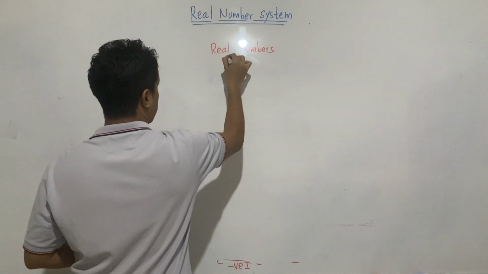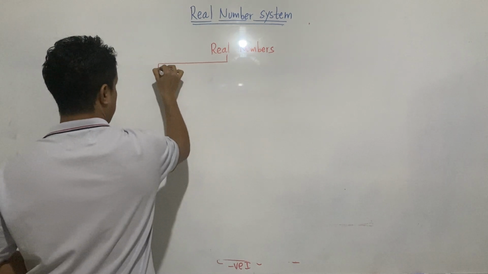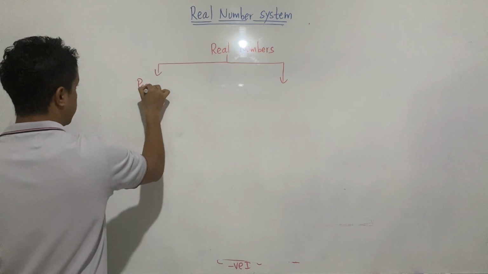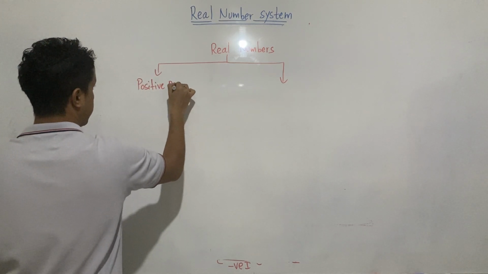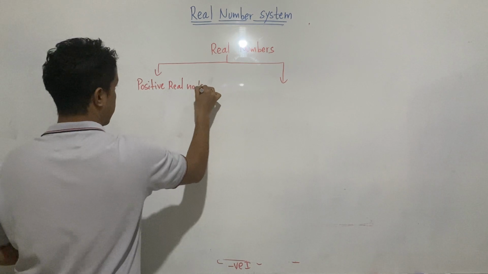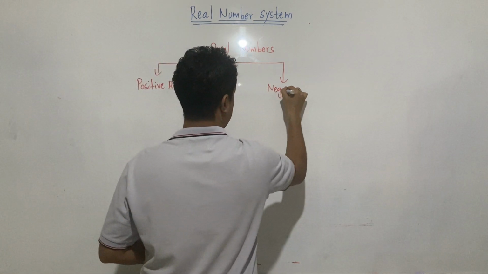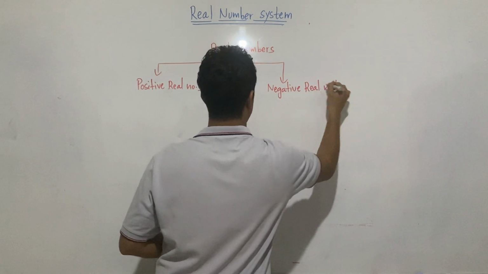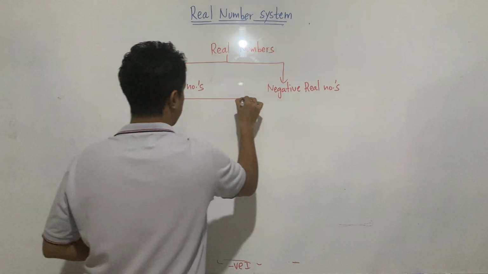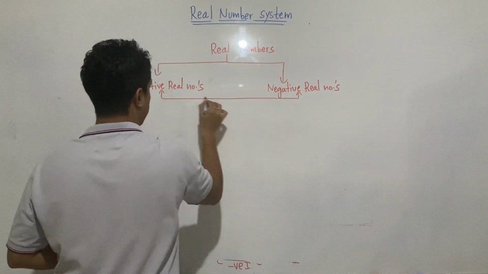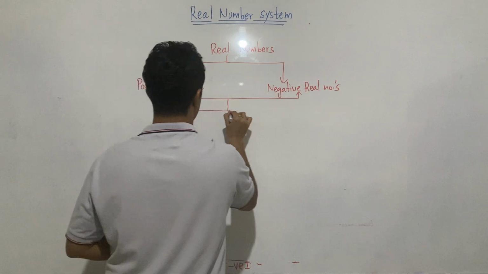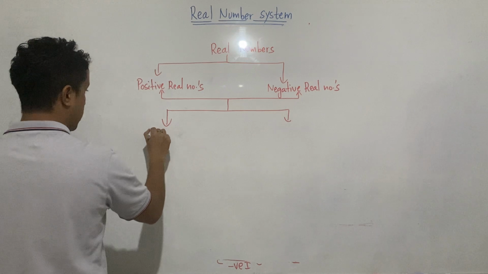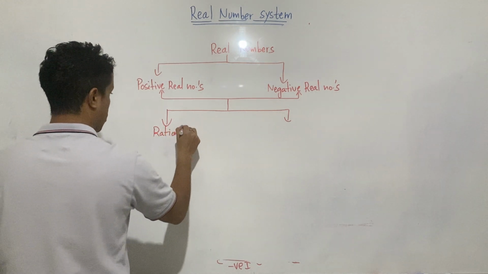Then here I have positive real numbers, and I have negative real numbers. Then again, this will include what? This is going to be your rational numbers.